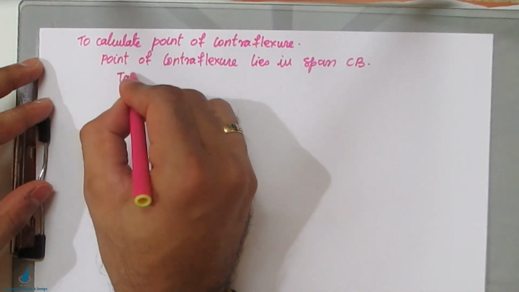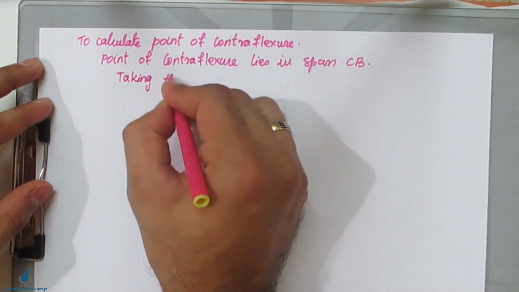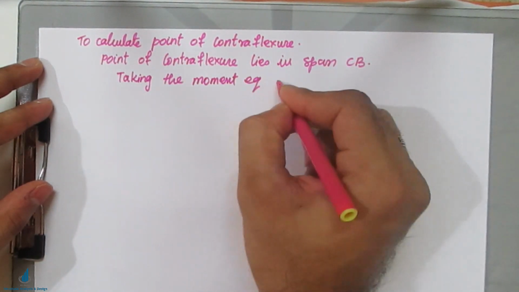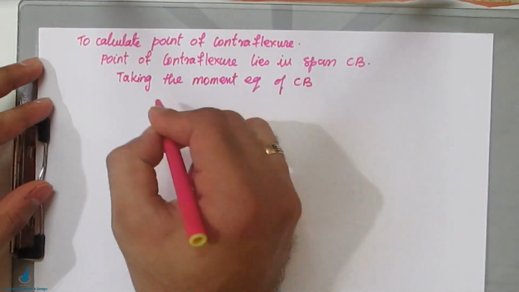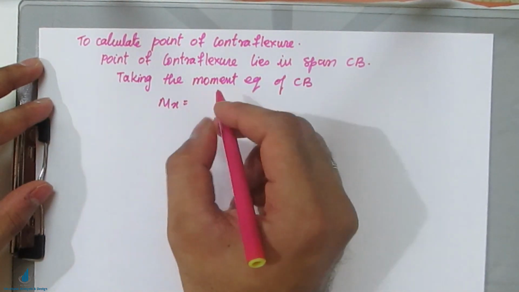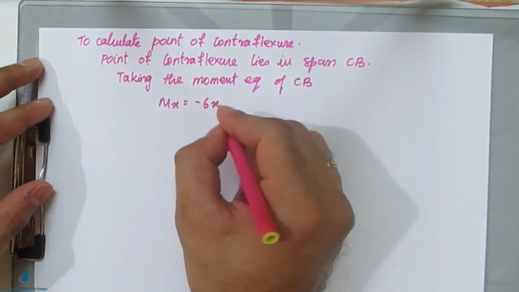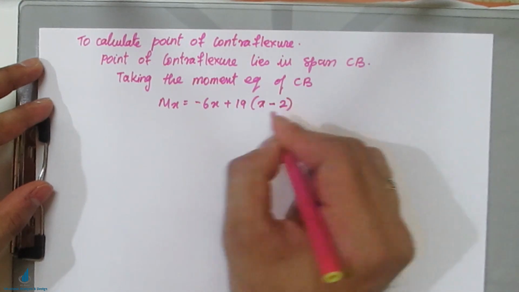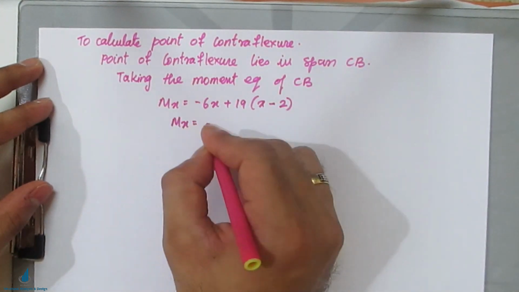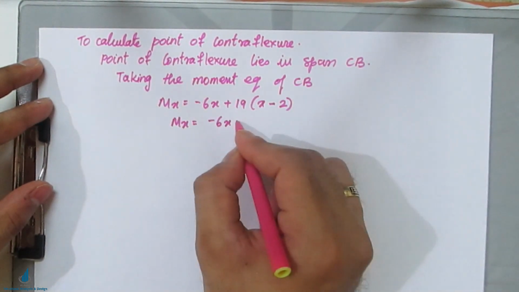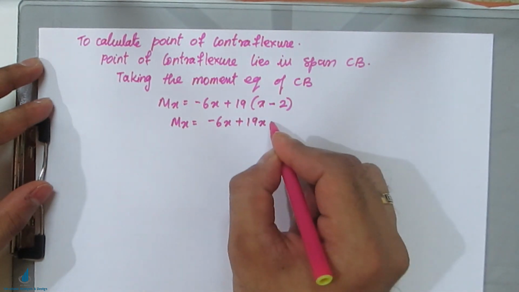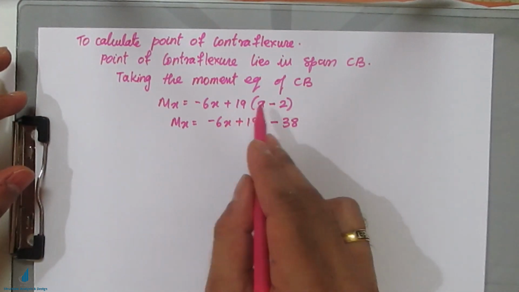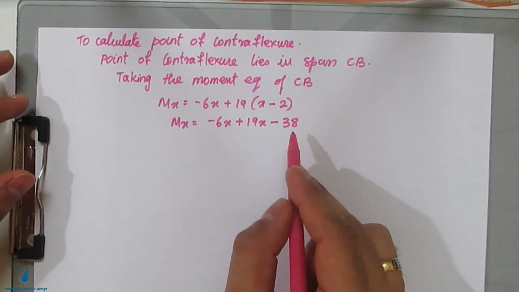So taking the moment equation of CB, the moment equation was Mx equal to minus 6x plus 19 times (x minus 2). So it became Mx equals minus 6x plus 19x minus 38. So this was 19 into x and 19 into 2 is 38.